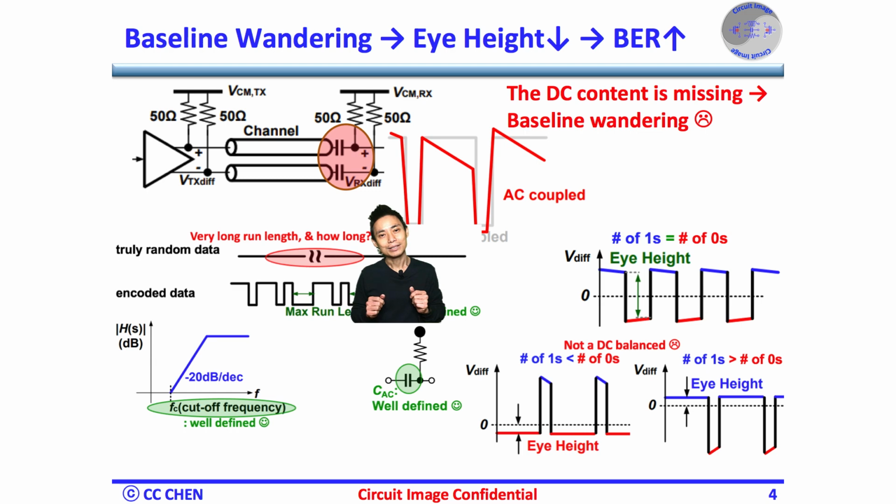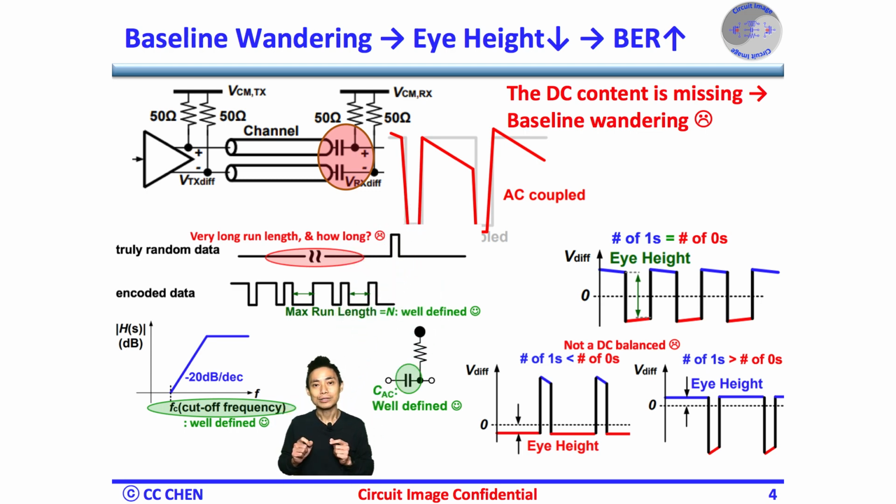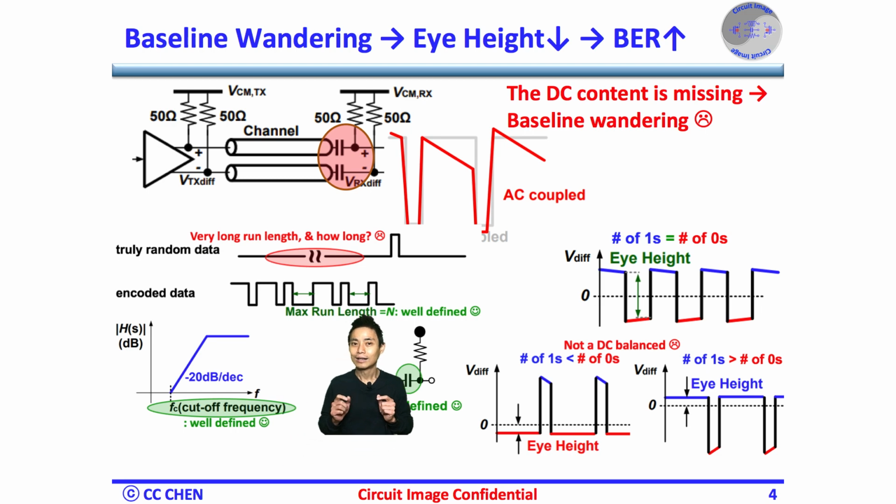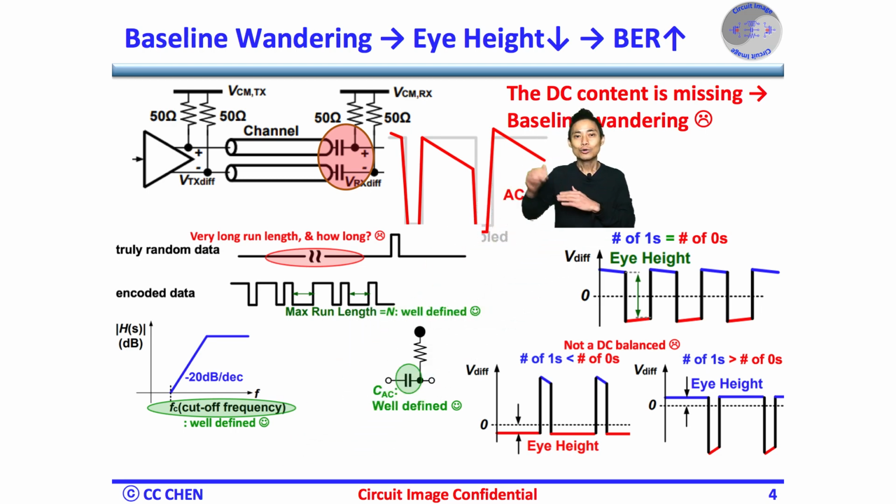Without any encoding, there's no way to make sure the DC block capacitor is always big enough to make sure the cutoff frequency is low enough compared to the lowest frequency content of the input raw data. And then you must see the DC wandering from the raw data. Then the eye height will be reduced due to the DC wandering, and then the bit error is increased.